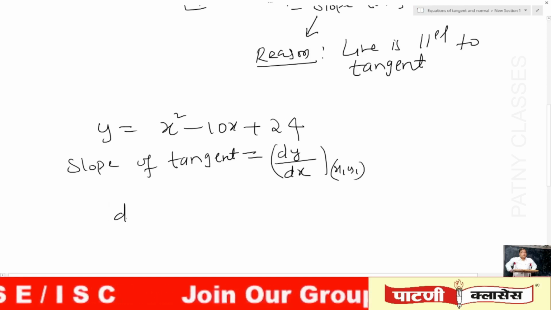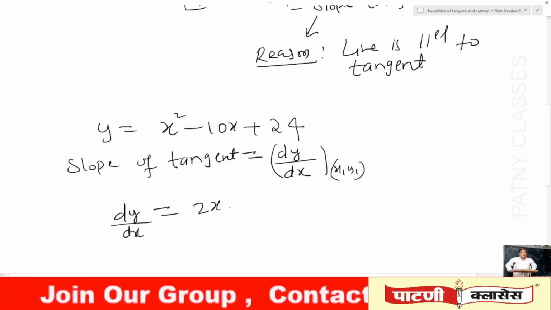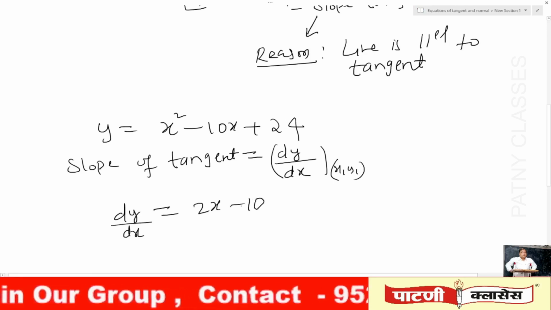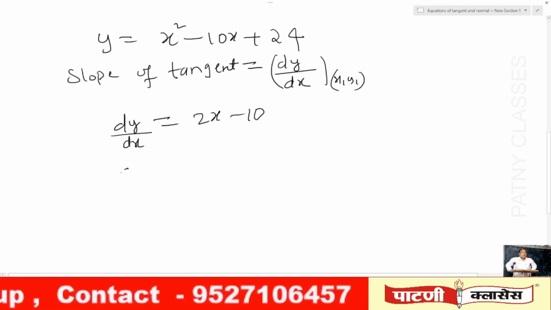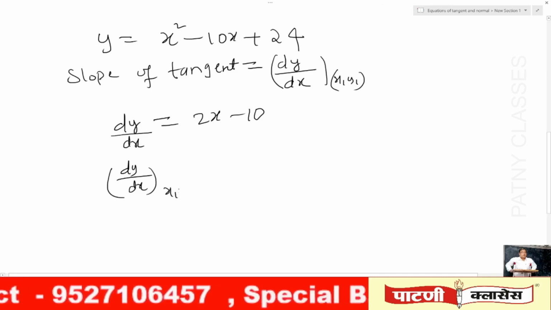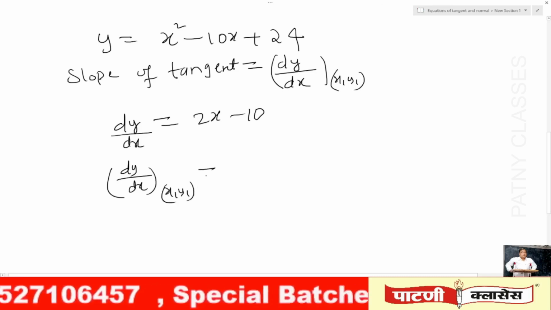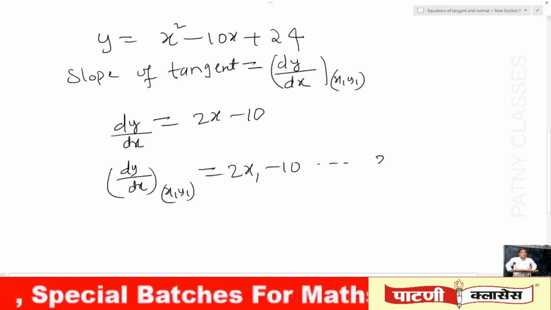So dy by dx equals 2x minus 10, and we want the coordinates. So we can say dy by dx at the point x1, y1 is equal to 2x1 minus 10. This is equation 2.